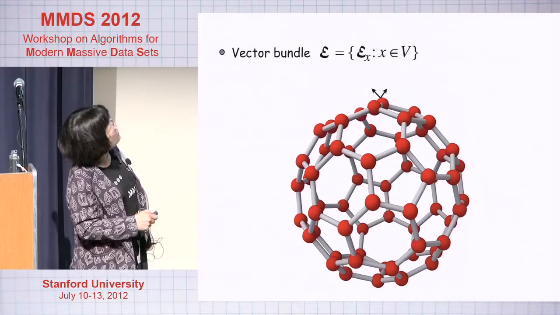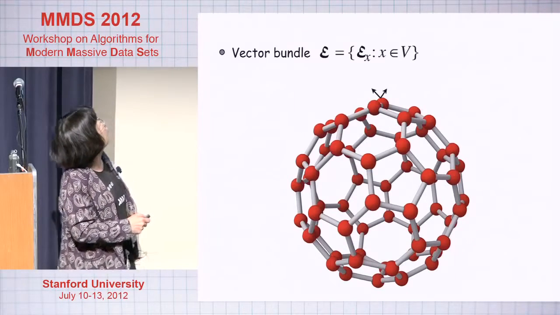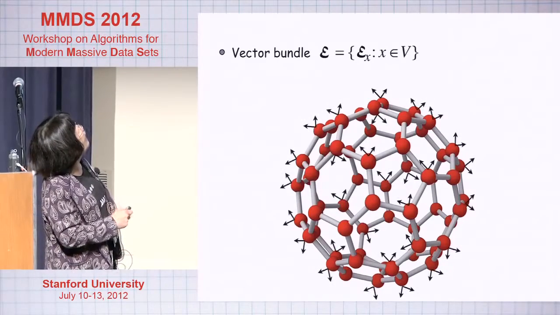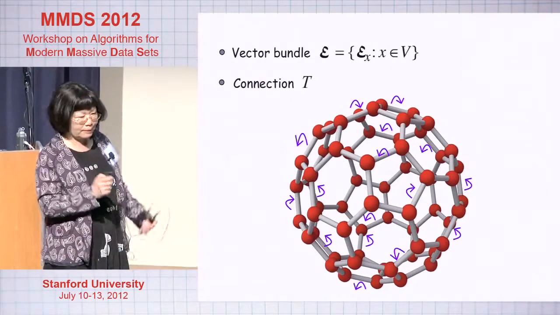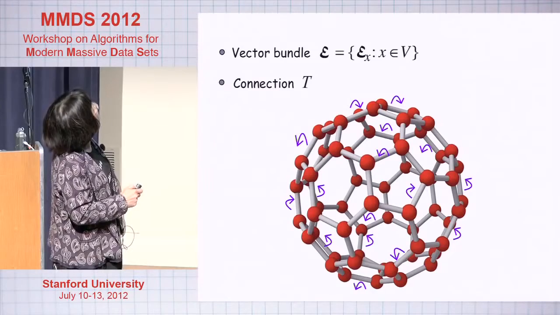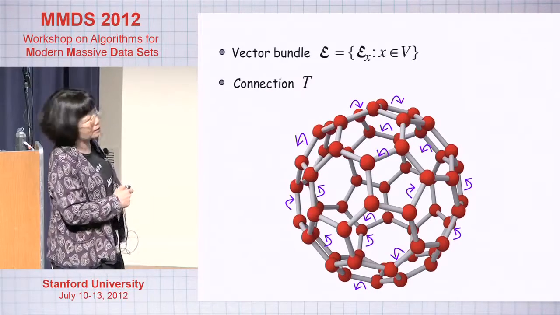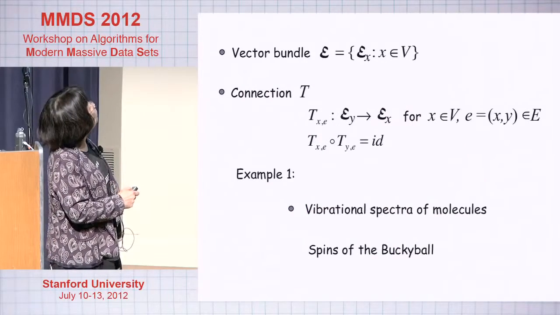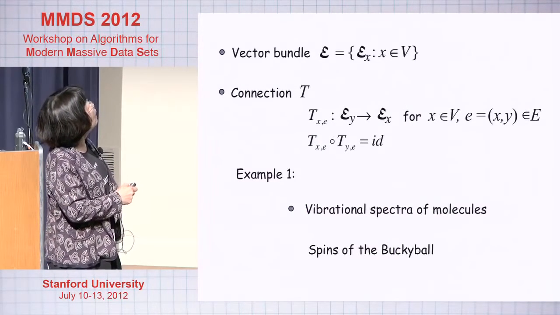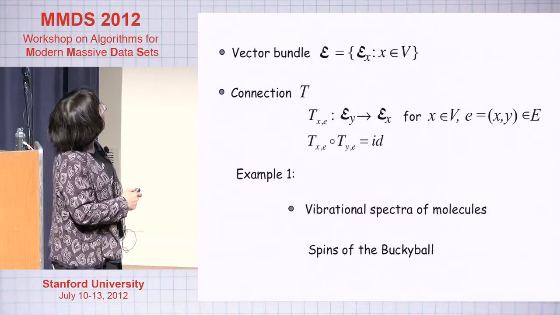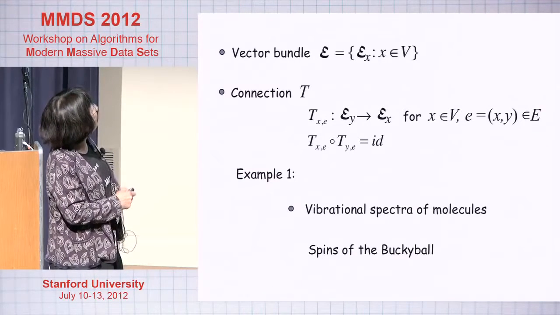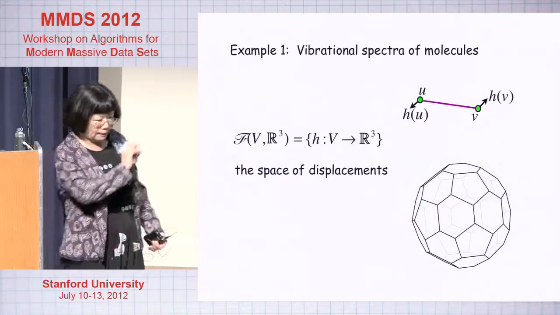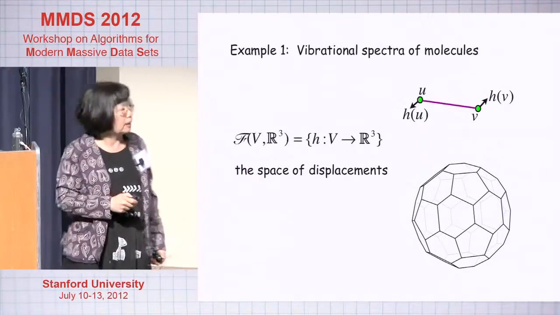So it's a sort of a pretty classical setup. So at each node, we have vector bundles, right? And connection is actually a well-used math term, which are rotations among the vector bundles, and you can rotate it back. So in the vibrational mode, these rotations really tell you how the spin rotated.